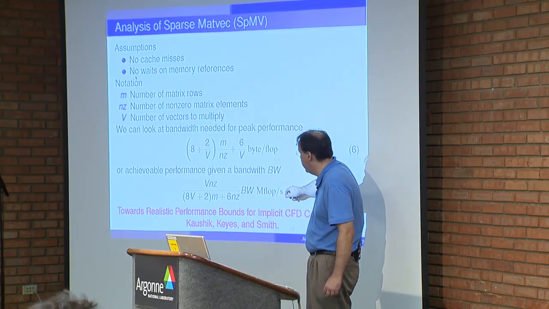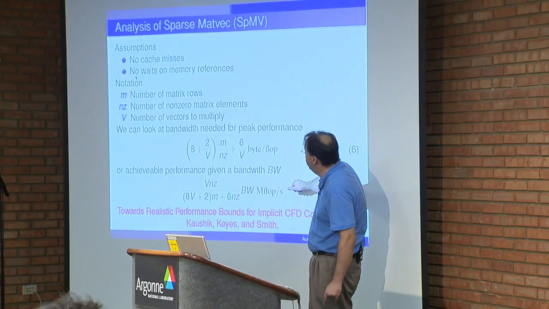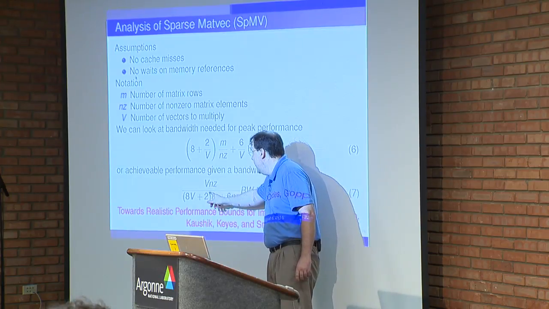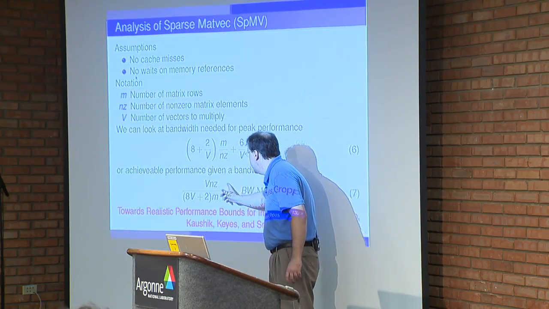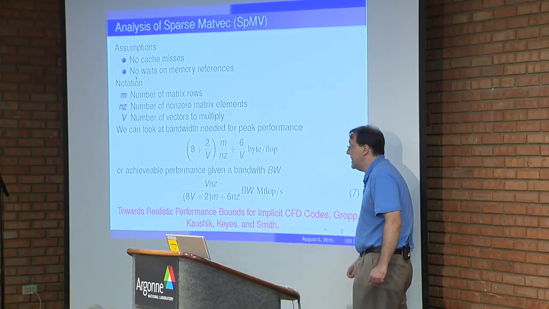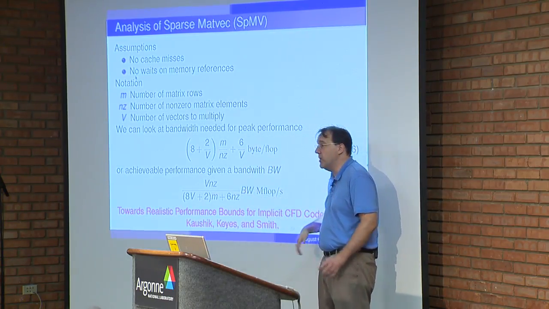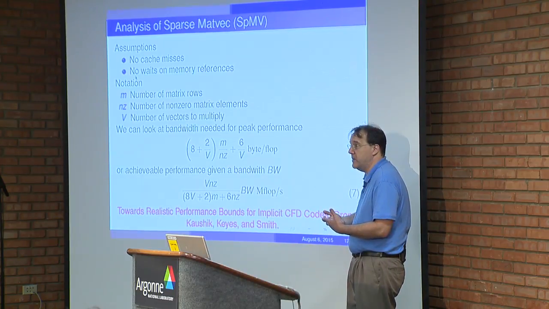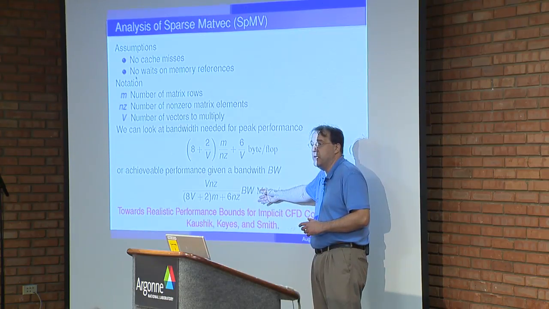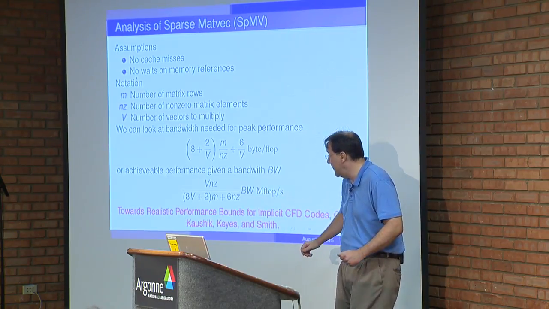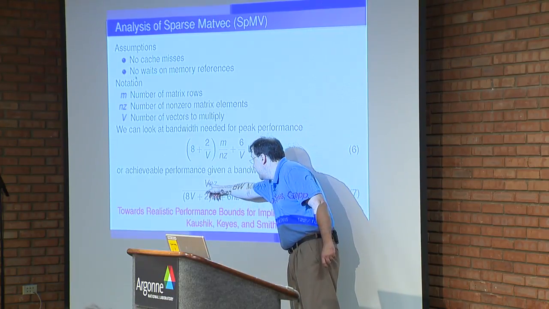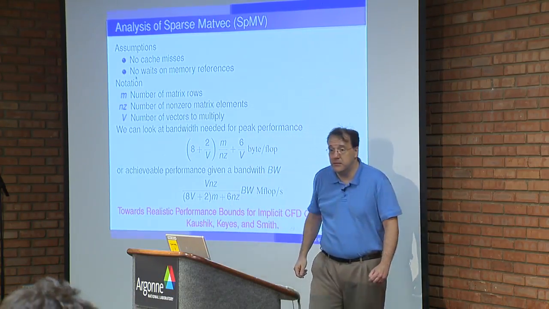Under normal circumstances, V would be 1. So we end up with this formula, which tells us the expected floating point rate that we're going to get based on the bandwidth. And then you can actually run the code, and you can see what the bandwidth is and compare. See what the floating point rate is and compare, and verify whether your code is giving you what you need or not. And obviously, the larger the number of vectors, the better the performance you get.